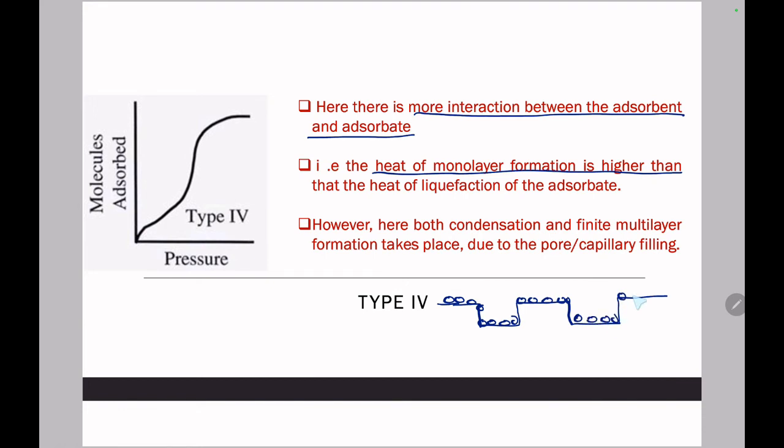The monolayer formation takes place like this, and as the pressure increases, we can see that the condensation takes place within the pores.